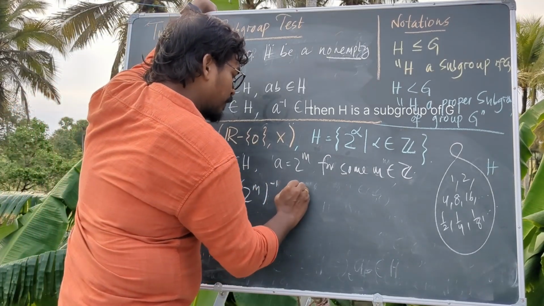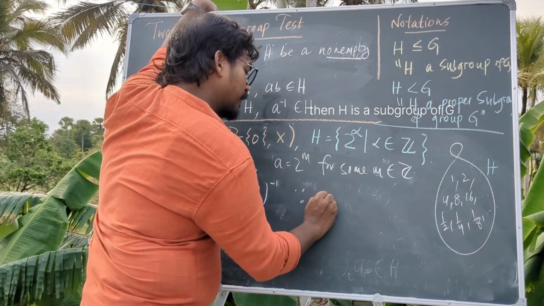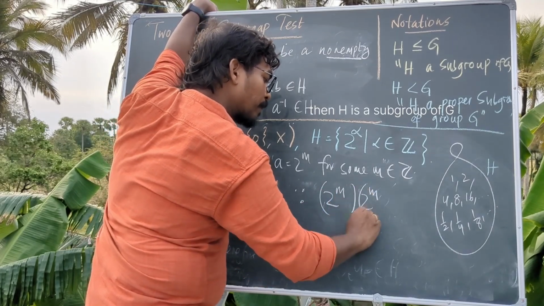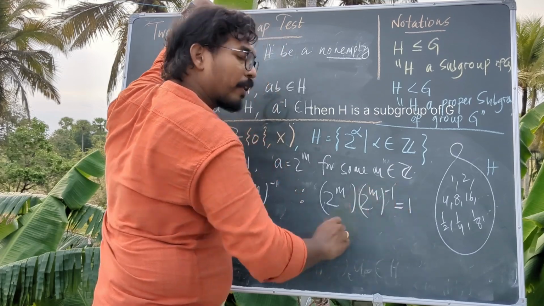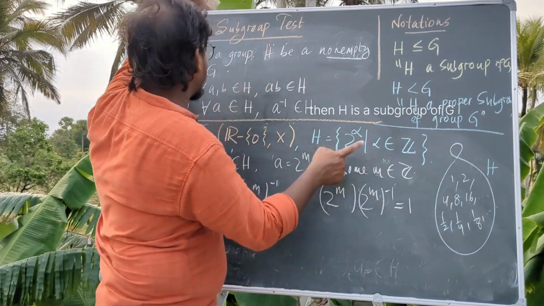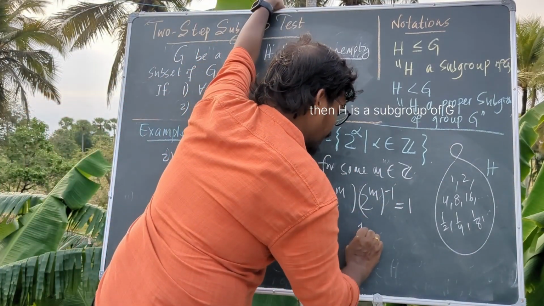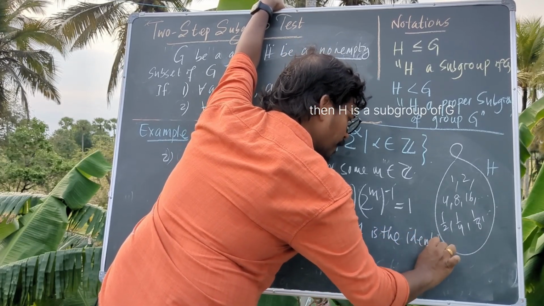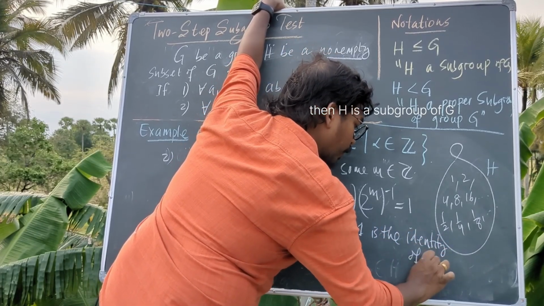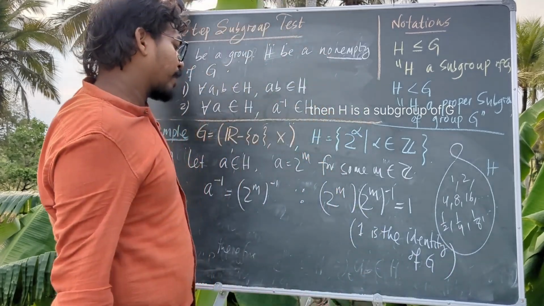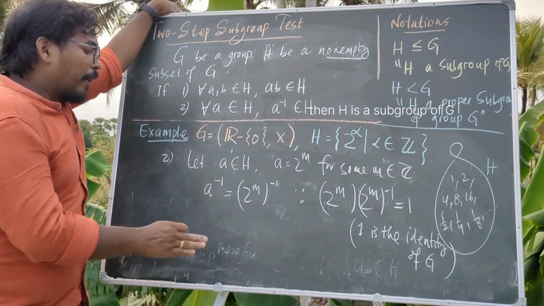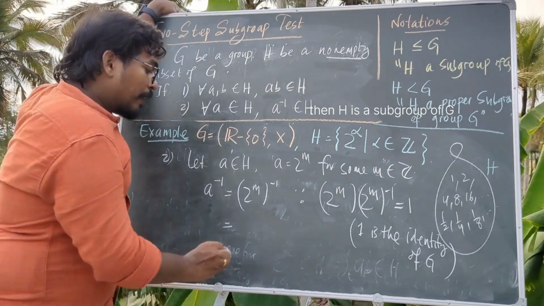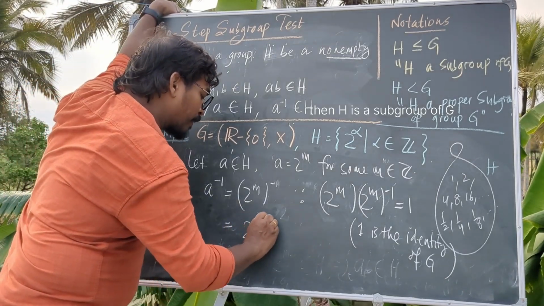Because A times its inverse equals 1, and 1 is the identity of our group G. A inverse is this one, and this is the same as 2 to the power minus m.